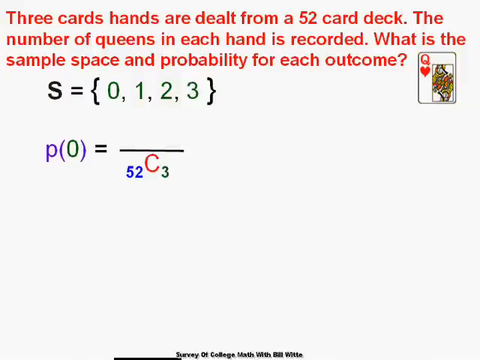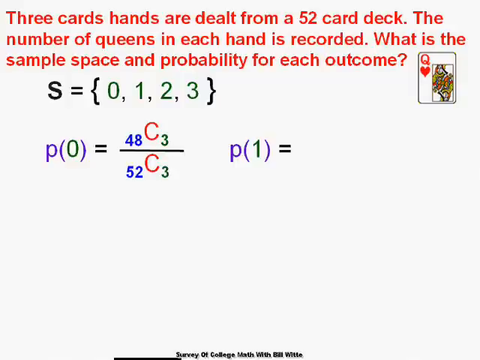Now, in this example, we want no queens, so the numerator can only be picked from the other 48 cards, since there are 4 queens. So we're going to pick a combination of 3 cards from 48 cards. So the probability of getting no queens is a combination of 48 things taken 3 at a time over a combination of 52 things taken 3 at a time.